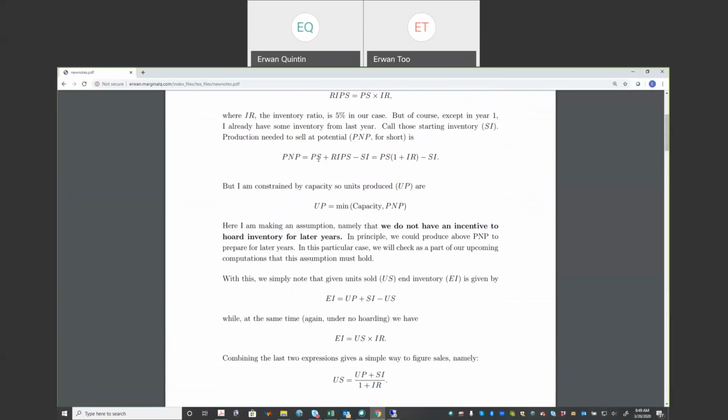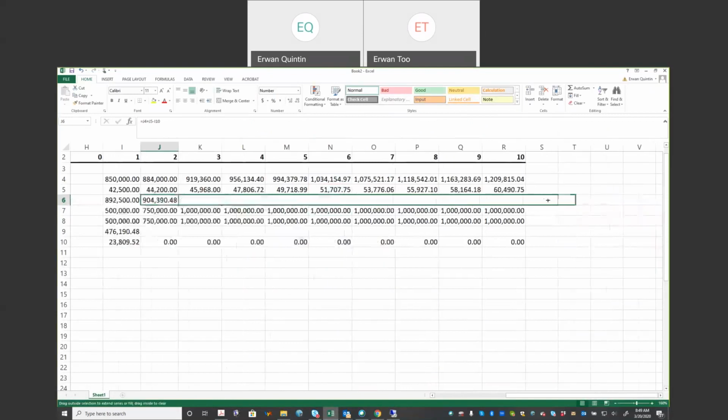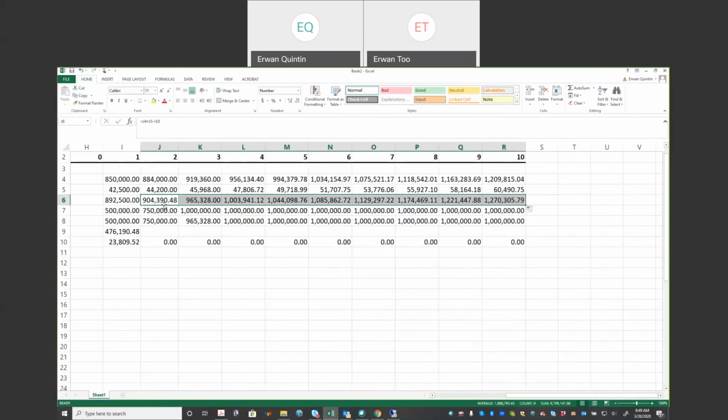So this is potential sales plus required investment to support potential sales minus starting inventory. Very good. Enter. Then we can track this all the way to year 10.